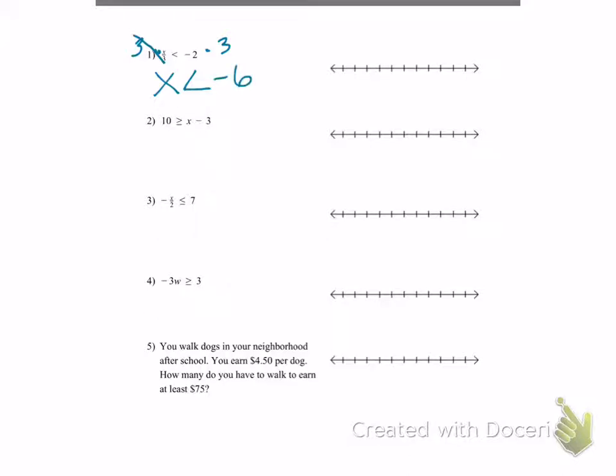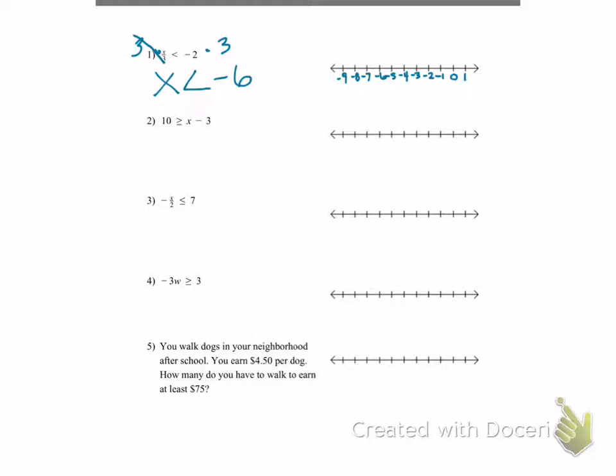Okay, well, let's go ahead and transfer that on to our number line. So I've got, let's do 0, 1, -1, -2, -3, -4, -5, -6, -7, -8, -9. Alright, so there's my number line.